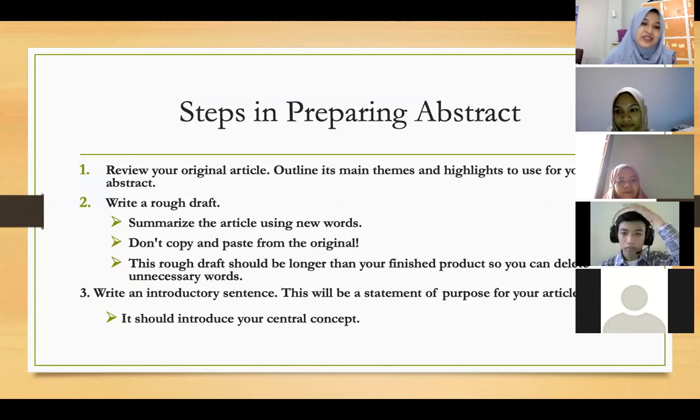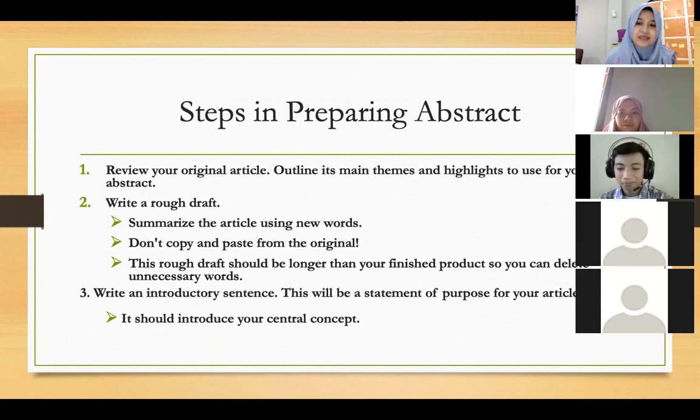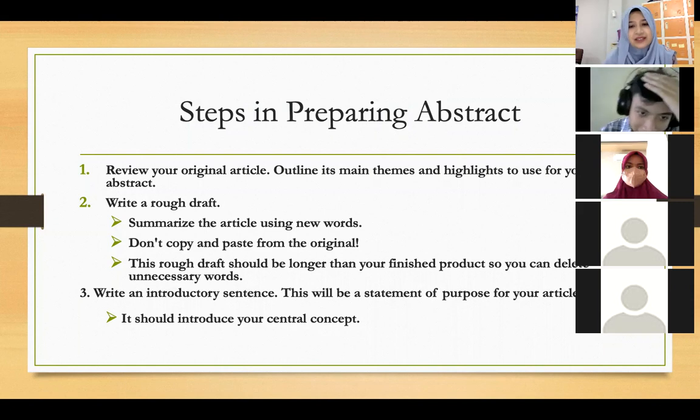The first, we have to understand our full article. What are the main themes? What are the main findings from our study? And then we write the draft. Summarize the article using new words. No copy paste.